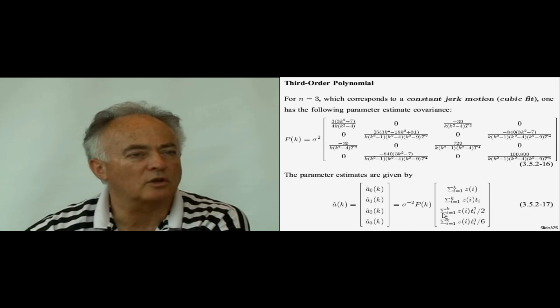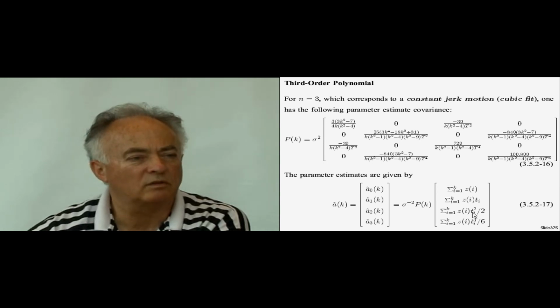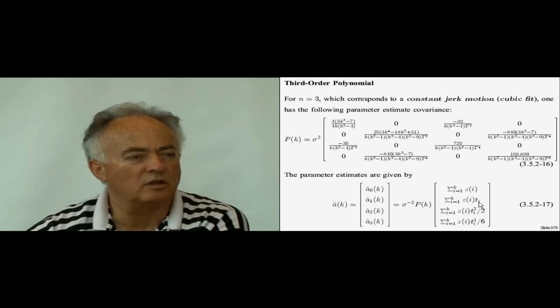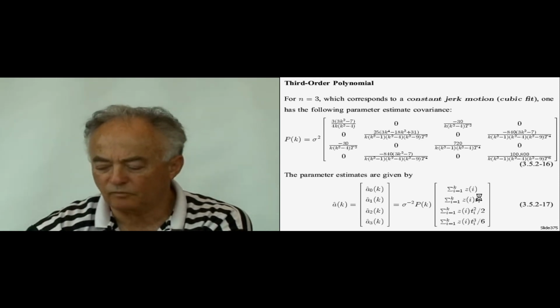And again, these are symmetrically distributed, so t_i is i times T in this case, with the reference taken in the middle, however.